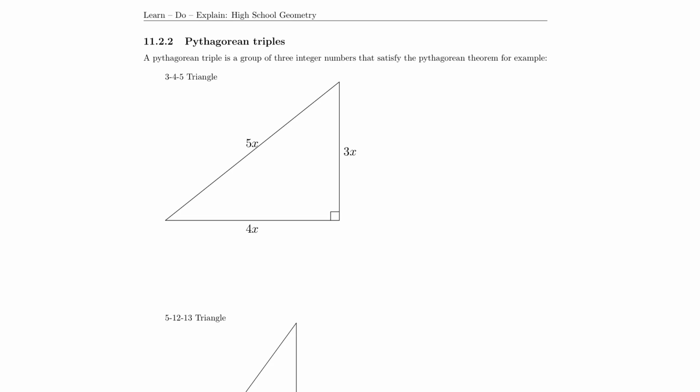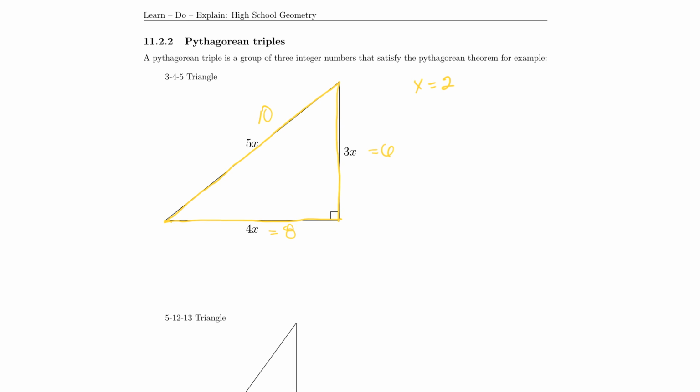For example, if we say that x is equal to 2, then this side right here will be 3 times 2, which is 6. This side right here will be 4 times 2, which is 8. And then we can easily calculate the hypotenuse, which is 5 times 2, so this hypotenuse will be 10.